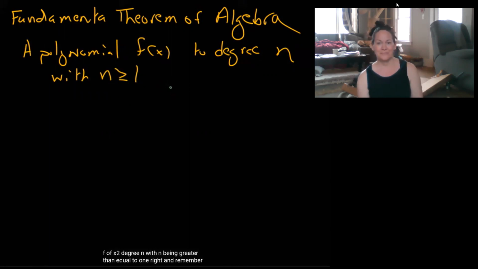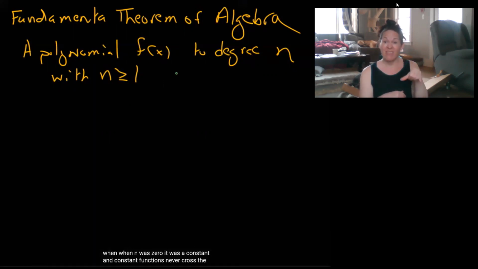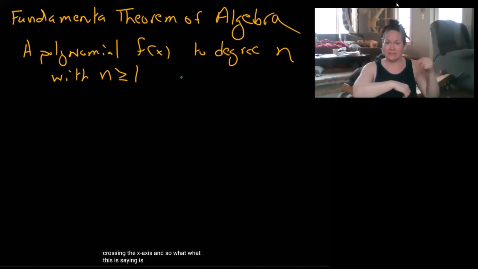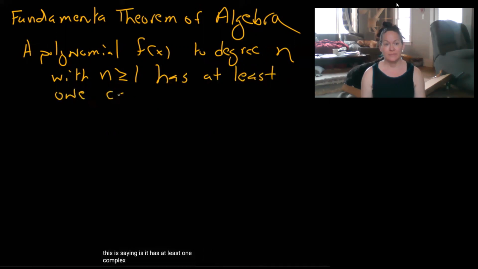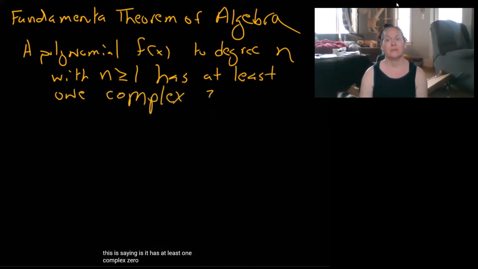Right? And remember, when n was 0, it was a constant, and constant functions never cross the x-axis. And our definition of a root is crossing the x-axis. And so what this is saying is it has at least one complex zero.